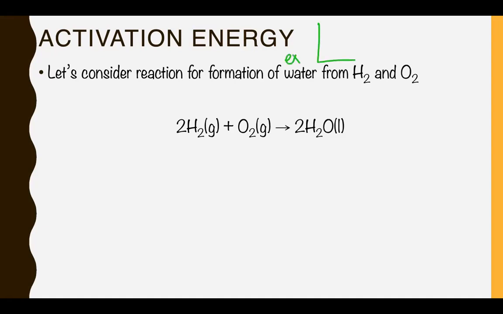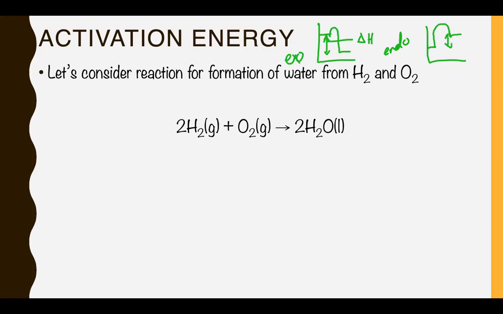If you've got exothermic, your products have less energy than your reactants. And so, well, that's kind of small, but anyway, the difference in energy between your reactants and your products, that's delta H, right? And endothermic, the reactants have less energy than the products.